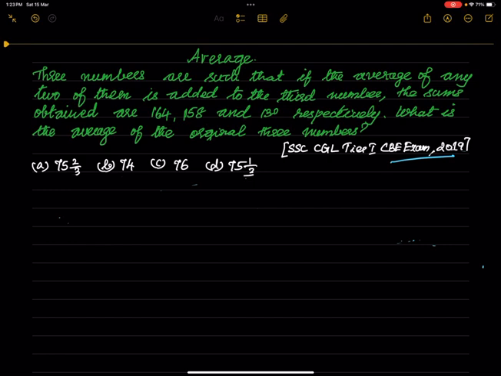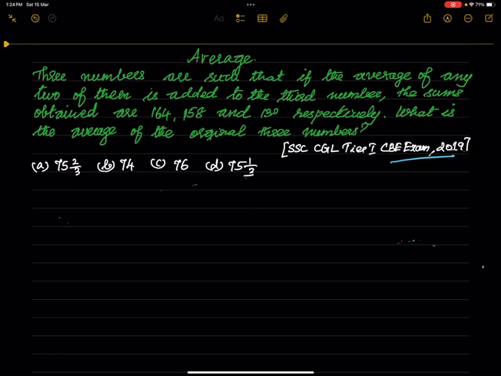What is average? Average is the sum of observations divided by the number of observations. While a teacher is calculating the average of your marks, how is she doing it? She is adding all your marks, am I right? Then dividing the total by the number of subjects you have written.